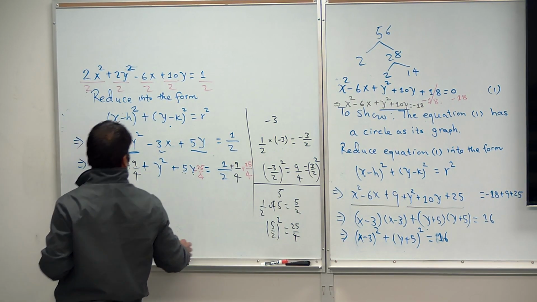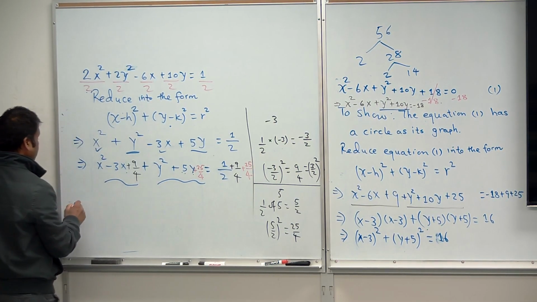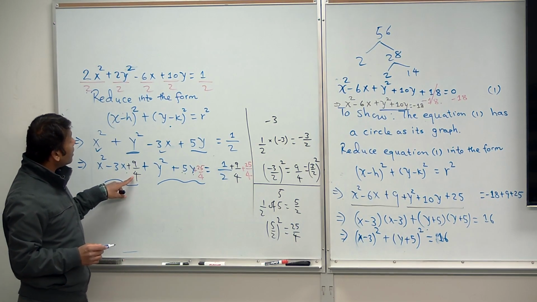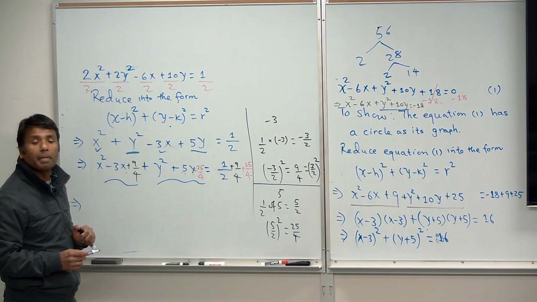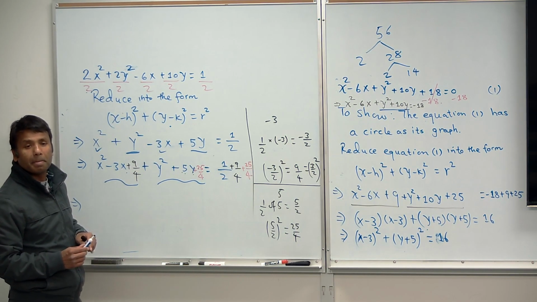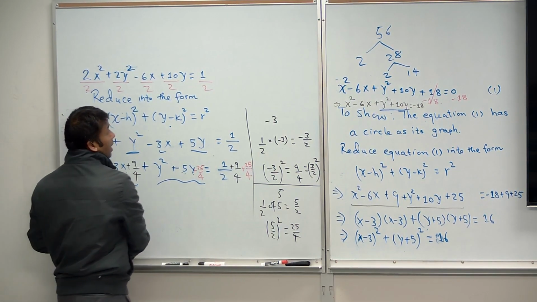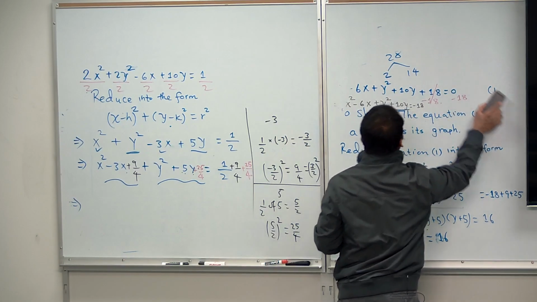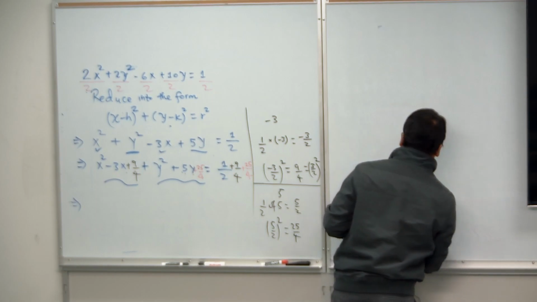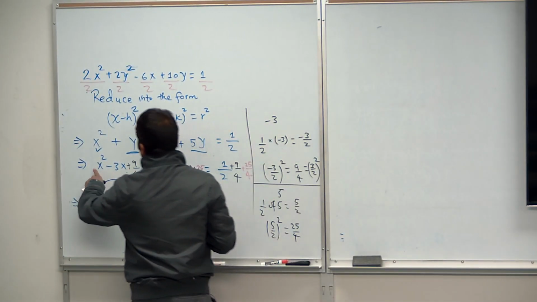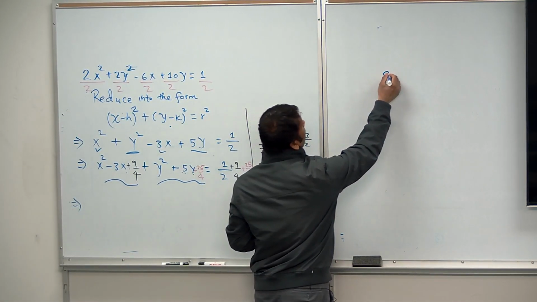Okay. So now, for this and this, we have to factor. What are the factors of 9 over 4 so that the sum is negative 3? Exactly. You see, the coefficient of x squared is 1, and 1 times 9 over 4 is 9 over 4.